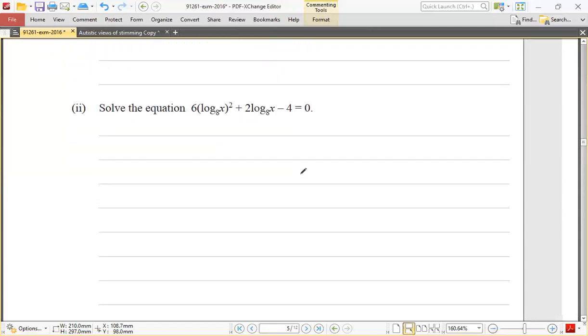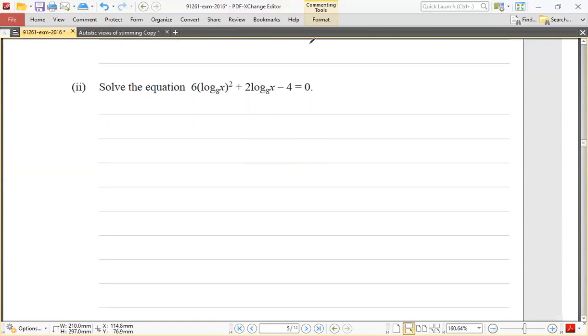Now this next one is a bit of a bugger. Well, not really. Do you know how to start it? What does the formula look like? What kind of equation? Starts with a Q. Quadratic.